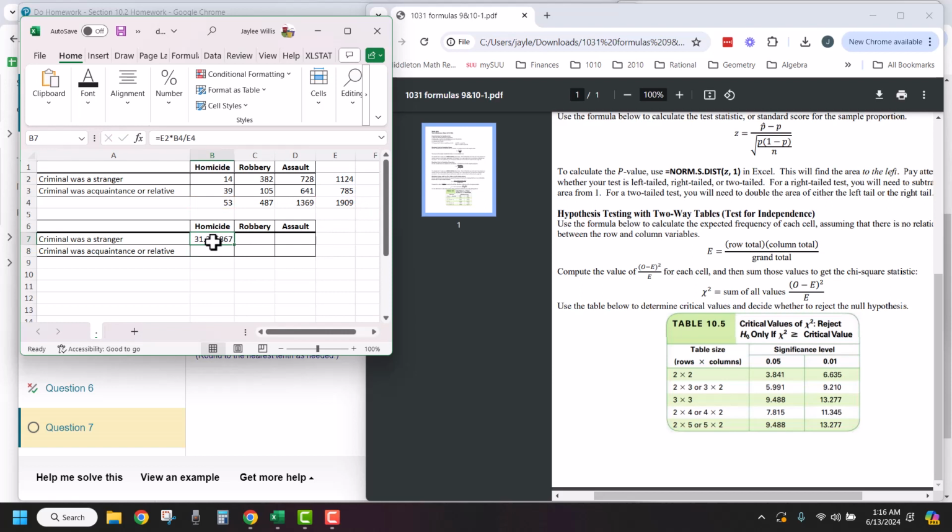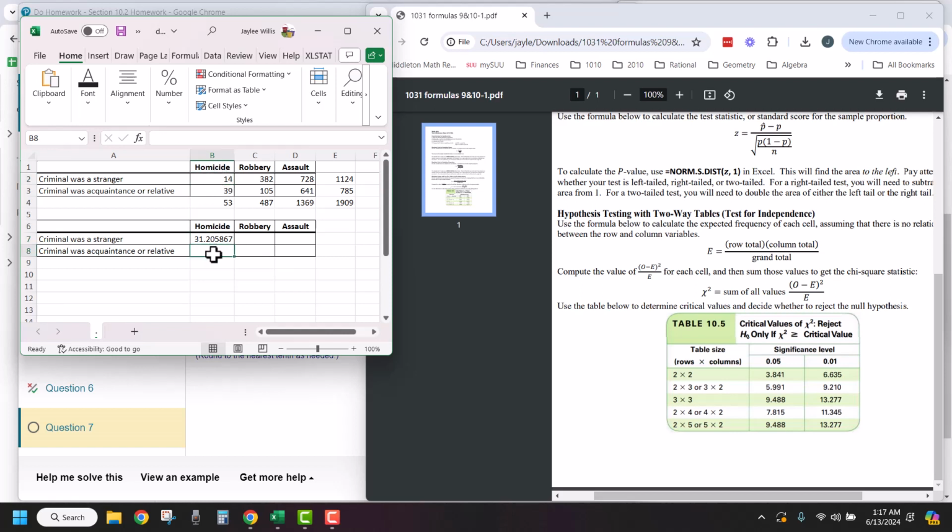And what this is telling me is that if these two variables were independent, I would expect that I would have about 31 homicides where the criminal was a stranger. And that's actually pretty significantly different than the number that I have here, which is 14.